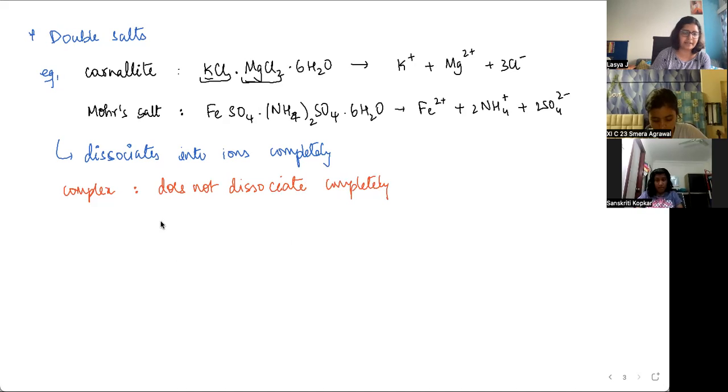So for example, suppose we have Fe(CN)6 4 minus. Now this is not going to dissociate into iron ions and cyanide ions because it is under a complex bond.